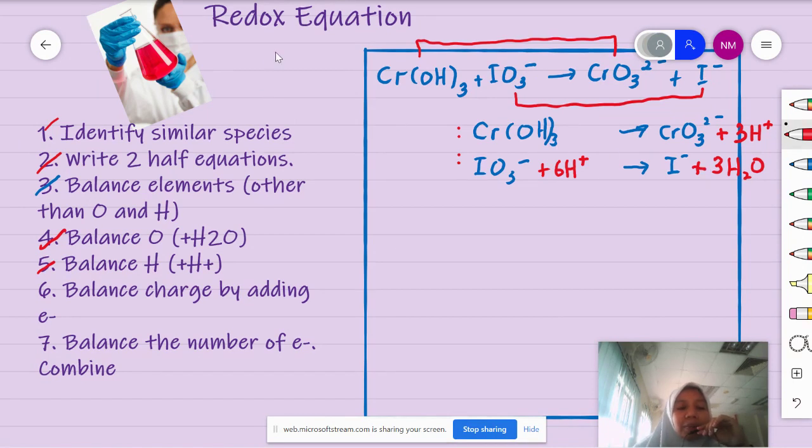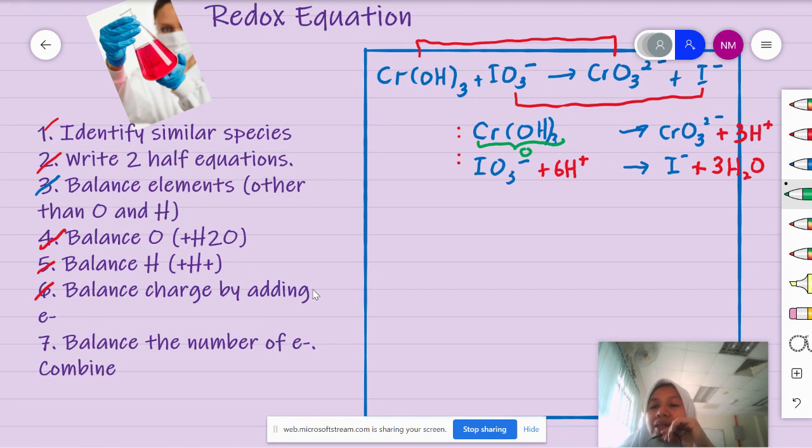Now, let's proceed with the next step, that is, balance the charge by adding electrons. In order to balance the charge, you need to calculate the charge of both sides, reactant and product. Let's have a look at the first one. Is there any charge for this species? No, therefore 0.